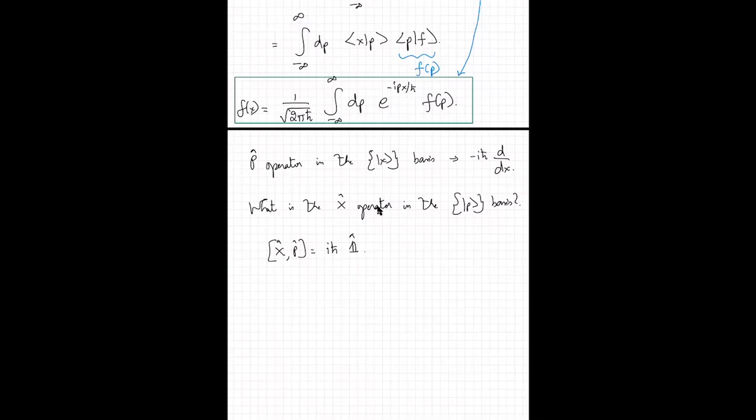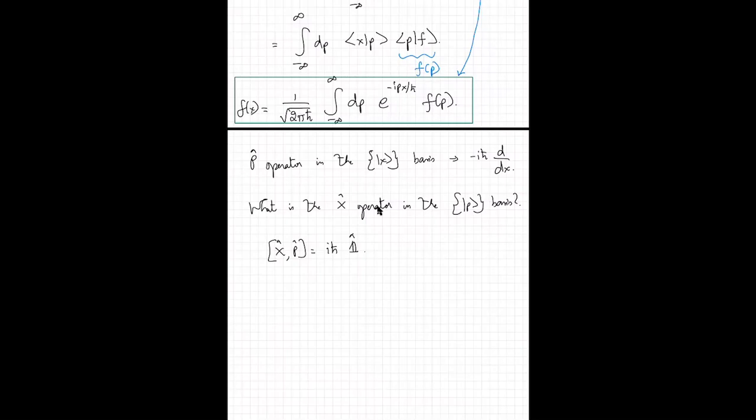And then you can insert a complete set of states here, integrating from minus infinity to infinity, |x><x|. Now I'll insert a second complete set of states, |x'><x'|, and I will integrate over both.